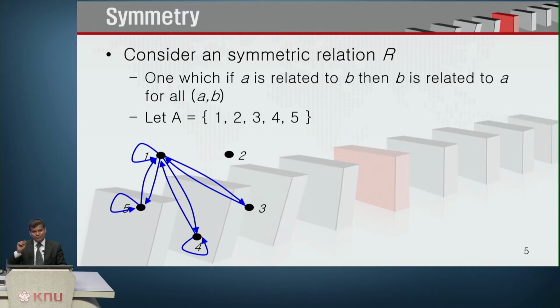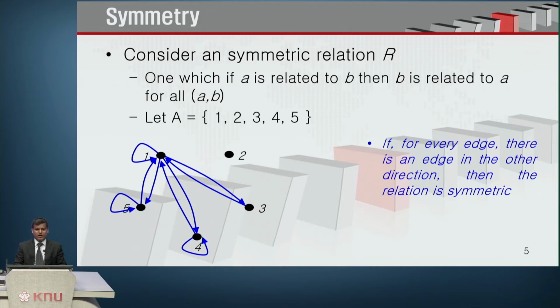If 1 is related to 4, then 4 has to be related to 1. If 1 is related to 5, then 5 has to be related back to 1. In other words, if there is an arrow from 1 to 3, then there should be an arrow from 3 to 1. That is the symmetric property.